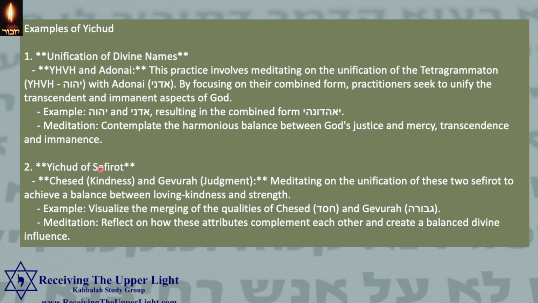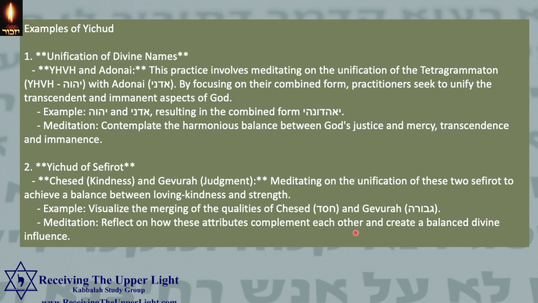Also, there's a Yichud of the Sefirot, just like the other one, with the same examples, Chesed and Geburah, and we meditate on these attributes and how they complement each other and create balance in the divine, right? How this balance can help us, but also at the same time we're bringing them together.